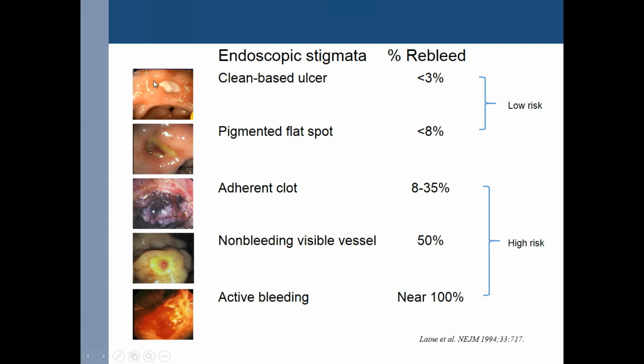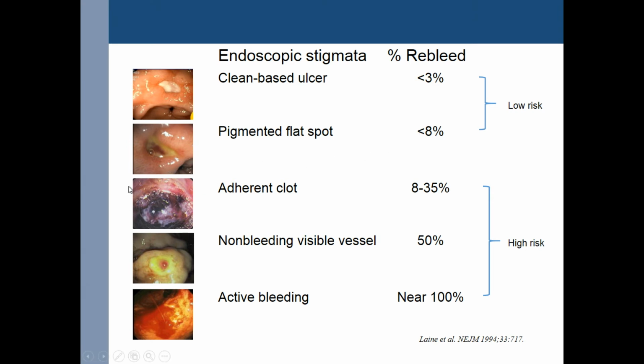It's white, smooth, no dark marks or no protuberances in it. This, as well as if they actually do have a pigmented but a flat spot within it, both of these have a very low risk of rebleeding, certainly less than 10% risk of rebleeding in these patients.